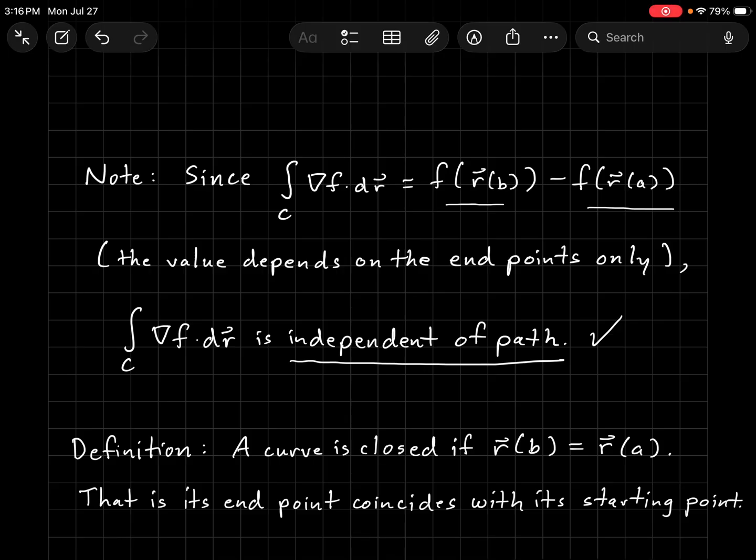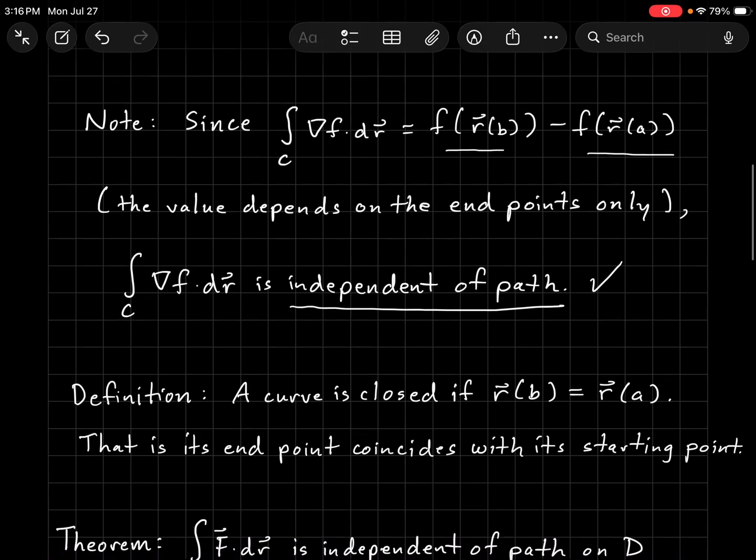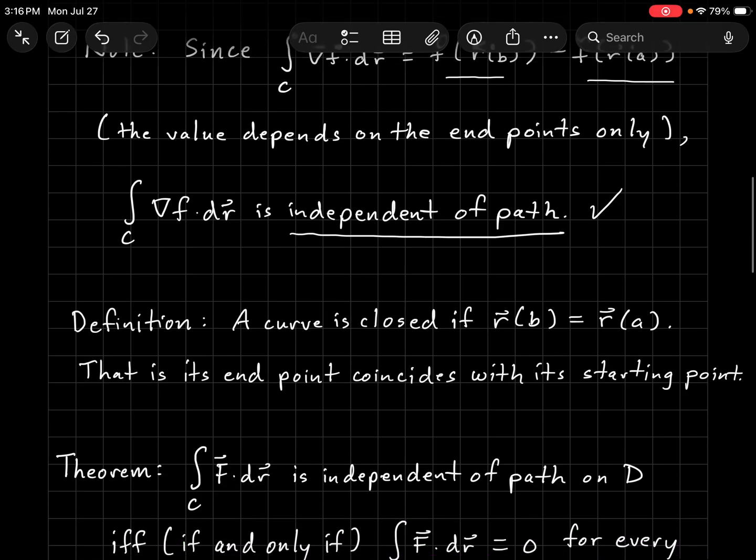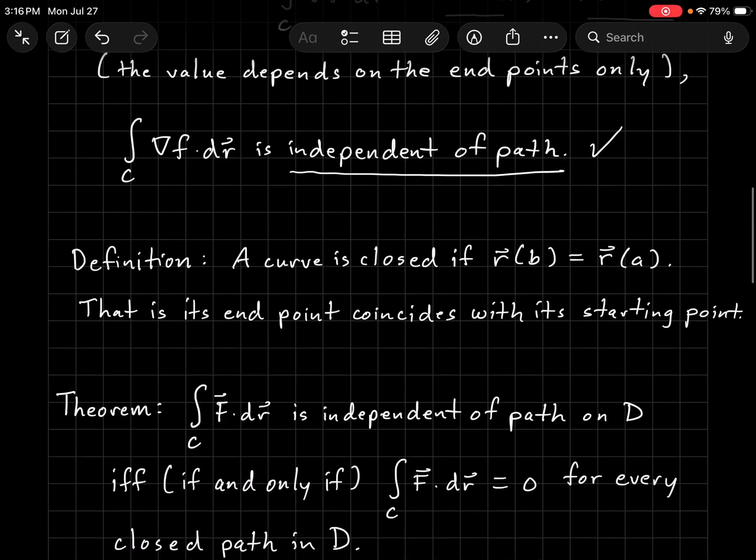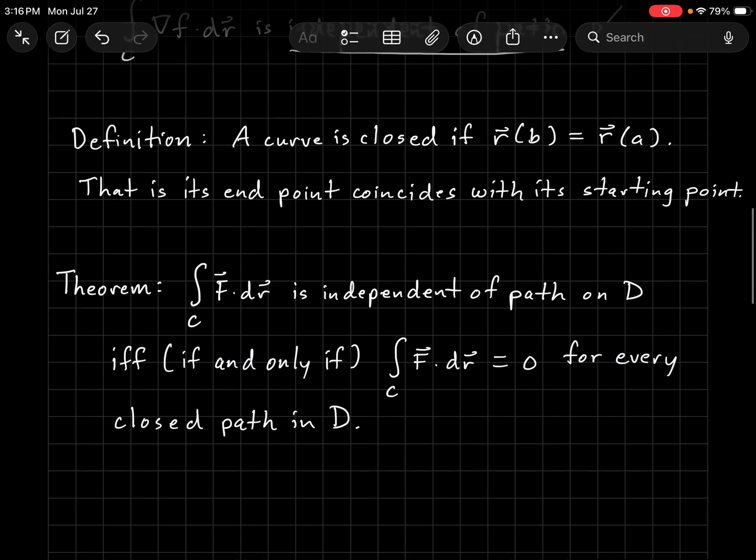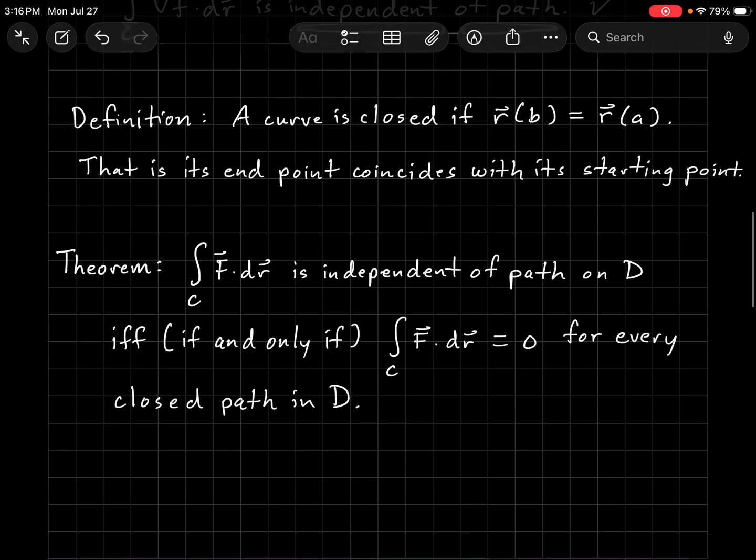Quick definition. A curve is closed if r of b equals r of a, that is, its endpoint coincides with its starting point. So a closed curve would be something like this. I start here and I go around and I end up where I started.